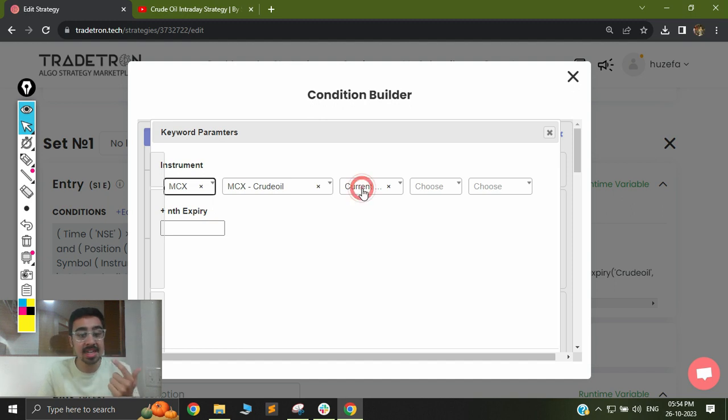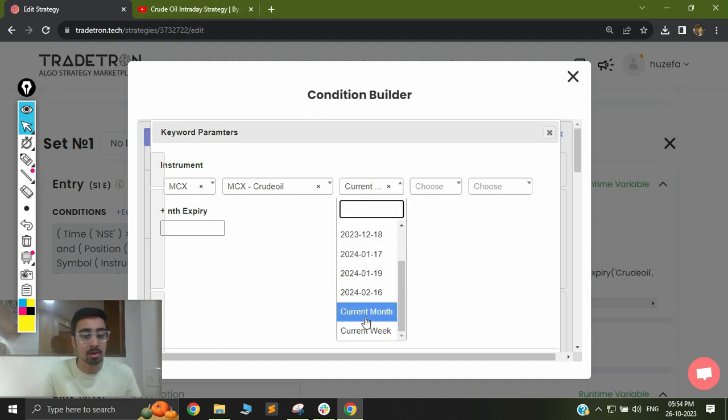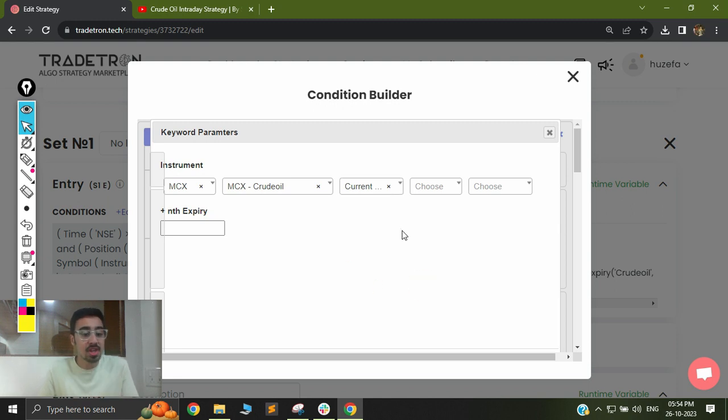By selecting current month expiry, I'm getting the futures value. Do remember that, unlike Nifty and Bank Nifty, we don't have spot value in MCX, so you need to select current month expiry. If you don't, the strategy will not work as per your logic. In fact, it won't run, it won't take any trades.